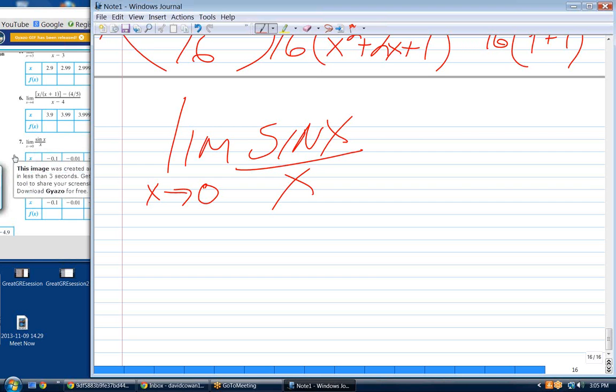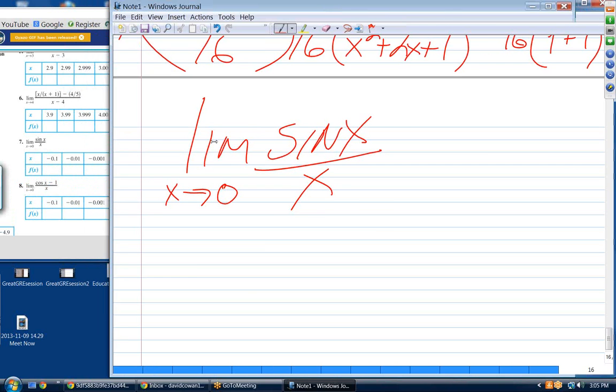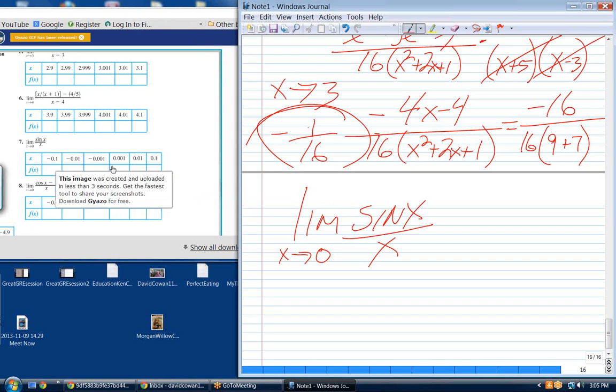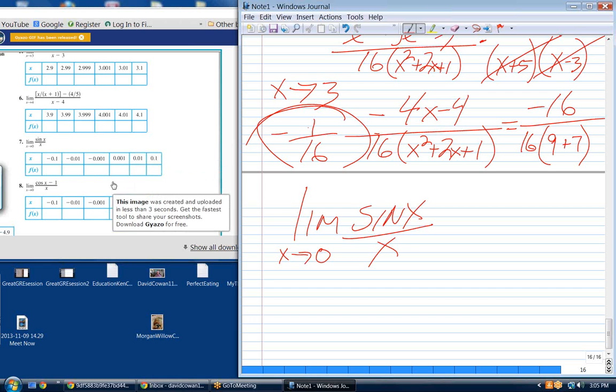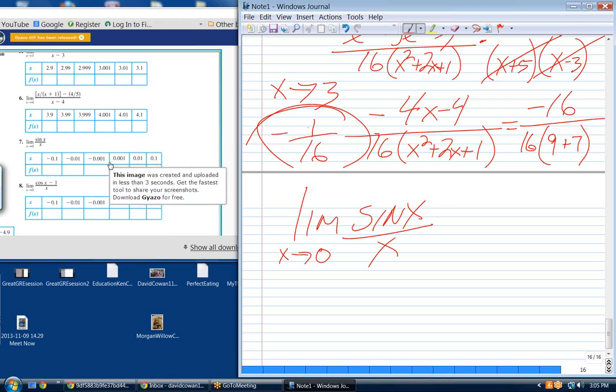And so that's the point of these tables, is we don't have any other way of doing this problem, but if we fill in this table, we will realize that this is probably going to be 0.999, this is probably going to be 1.01 or something like that, and you'll realize that as we get closer and closer to 0 for x, f of x gets closer and closer to 1.